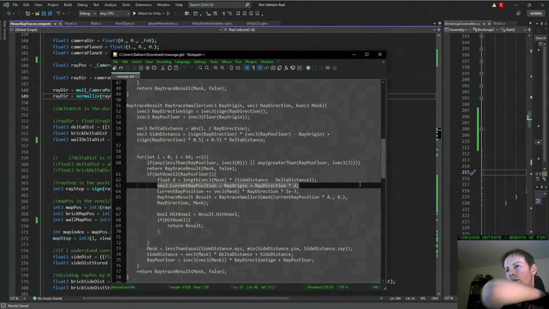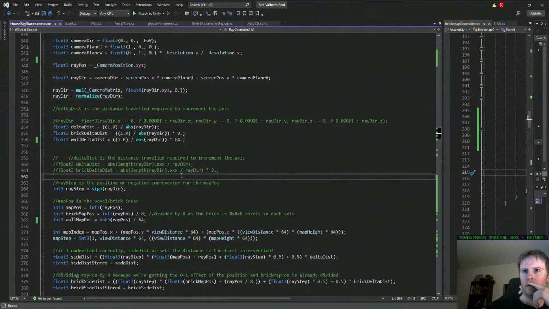But he doesn't seem to be caring about the delta dists and the side dists, they're all the same still. I don't know. It's kind of weird.